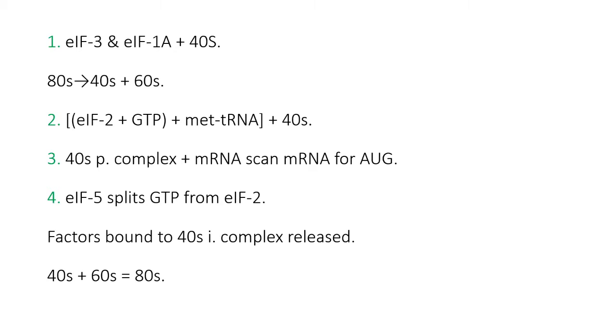Number 1, eukaryotic initiation factor 3 and eukaryotic initiation factor 1A bind to 40S. This helps the 80S to split into 40S and 60S subunits. Number 2, GTP binds to eIF2, that is eukaryotic initiation factor 2.